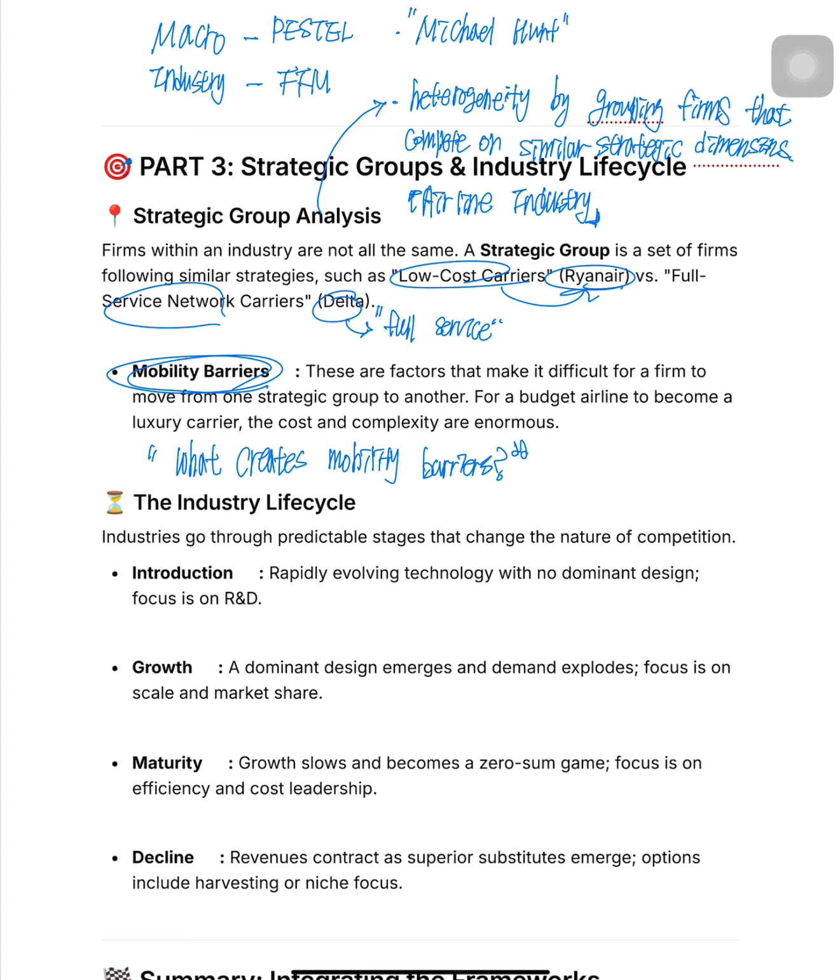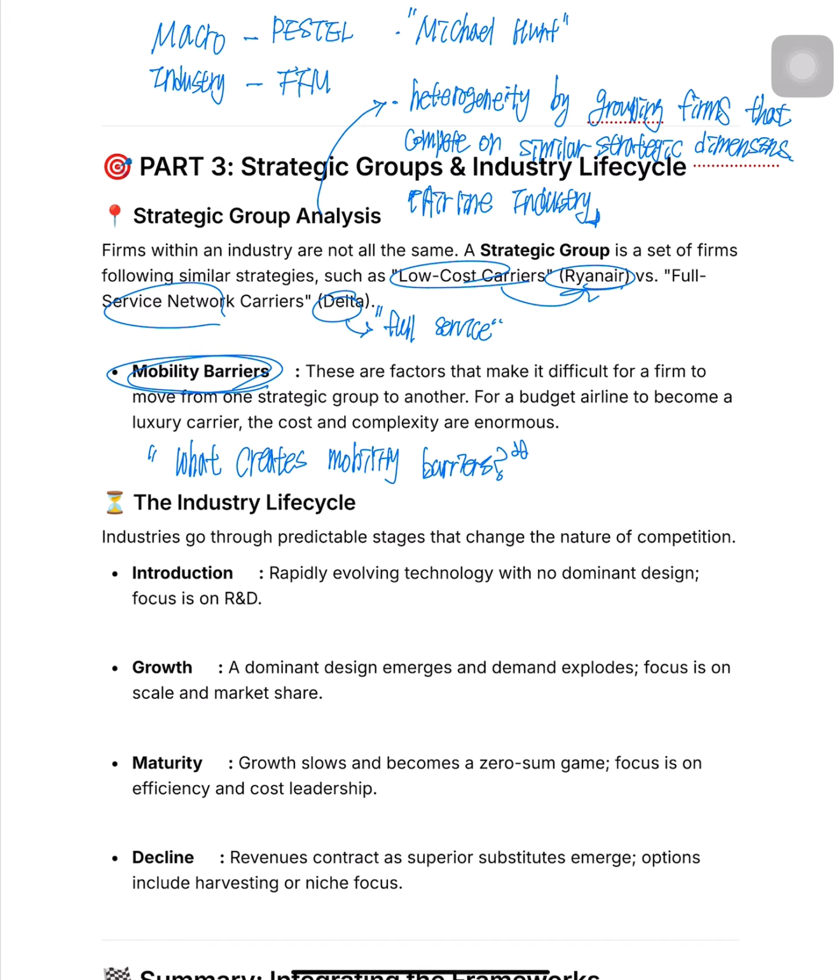It would need to build lounges, hire cabin crew trained to full-service standards, develop a loyalty program, establish partnerships with international carriers, invest enormously in brand building, and do all of this while continuing to operate its existing low-cost model.